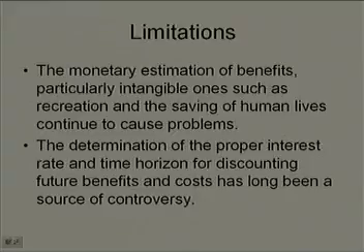Similarly, the determination of the proper interest rate and time horizon. What interest rate to choose, because the time span for public projects is very large, 50 years, 75 years, 100 years. Now, fixing the interest rate or discount value is quite problematic for such situations, because you may not be sure how the interest rates would fluctuate over such a long period.